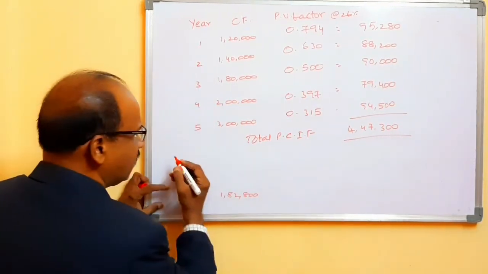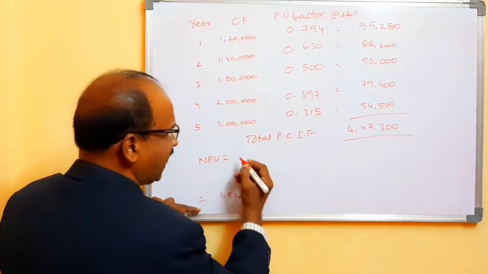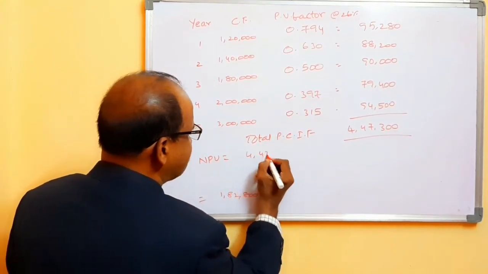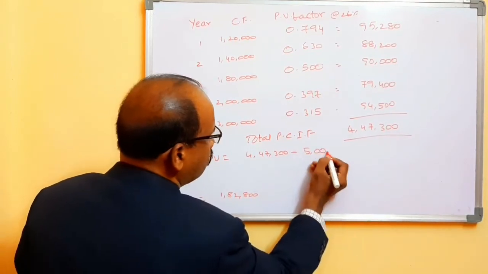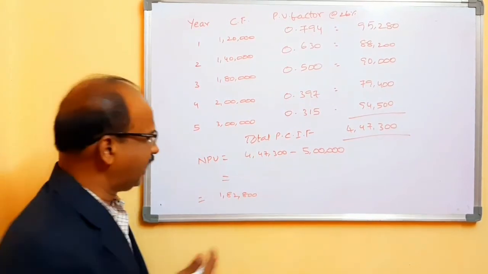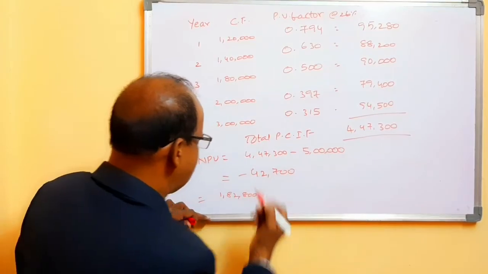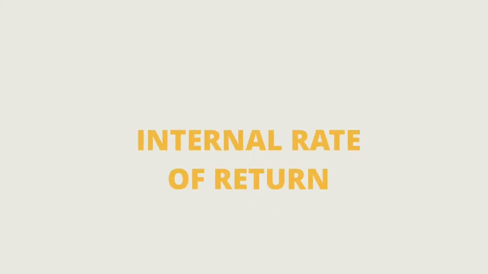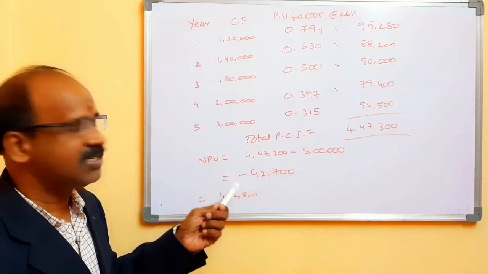Coming to the NPV: NPV equals total present cash inflows 4,47,300 minus cash outflow 5 lakhs. Now we get a minus value of 42,700. IRR is situated between one positive NPV and one negative NPV. Already we have the positive NPV, and this is the negative NPV.